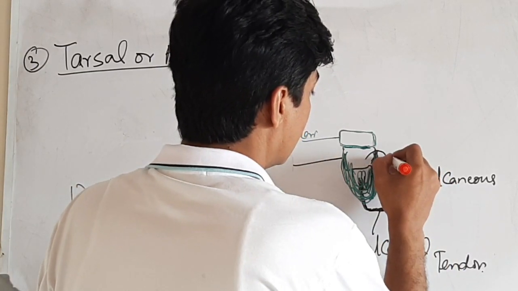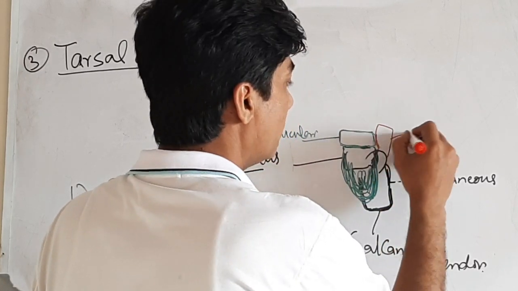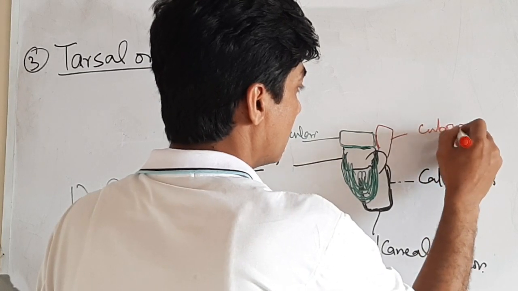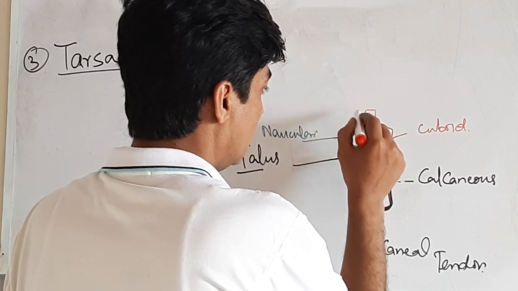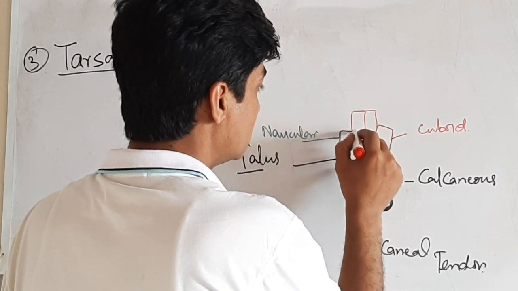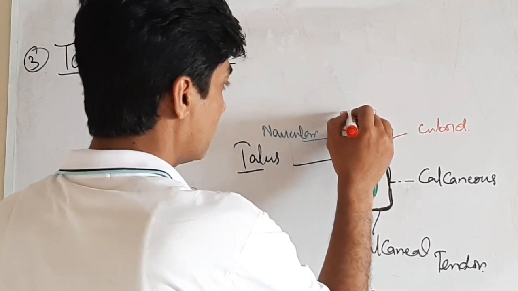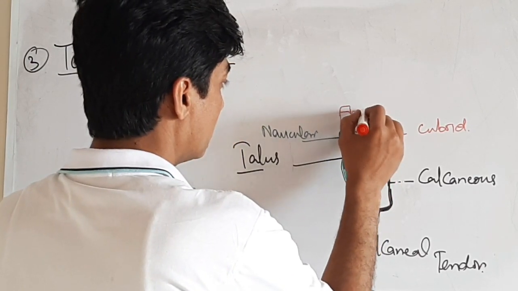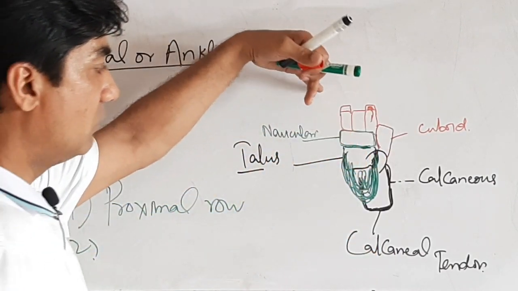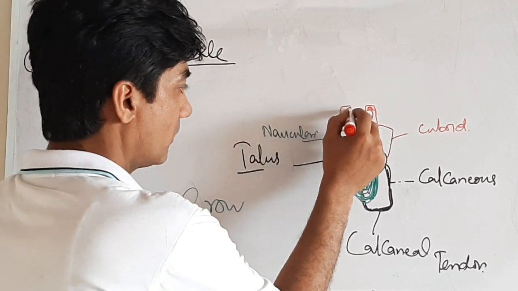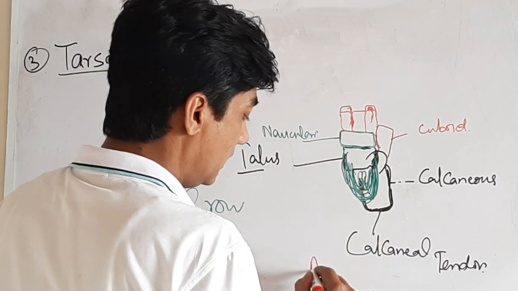Here is the cuboid bone, and these three bones are called cuneiform. This is the anterior view.